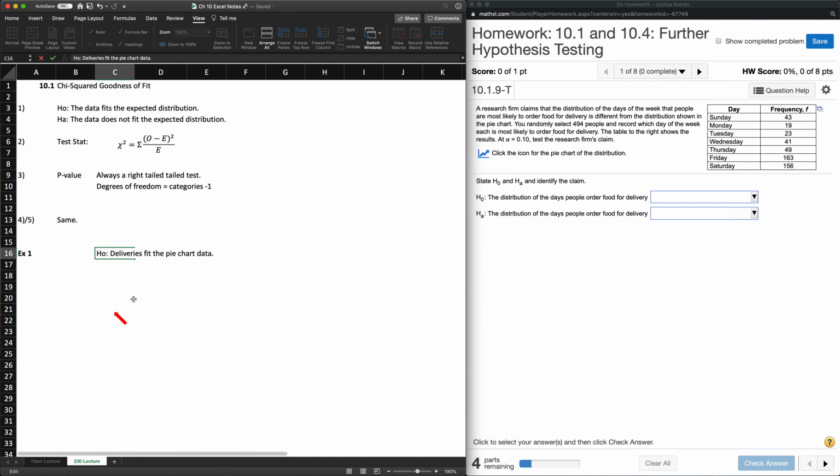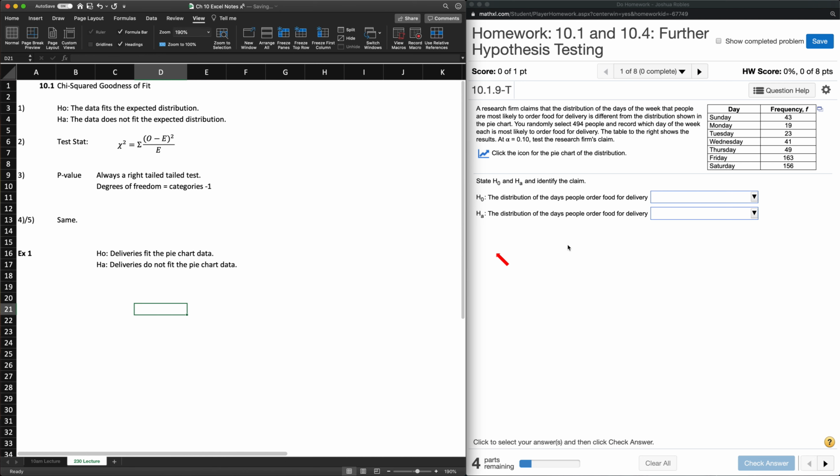We don't quite know where that pie chart is from. The alternative is going to be that the deliveries do not fit the pie chart data.